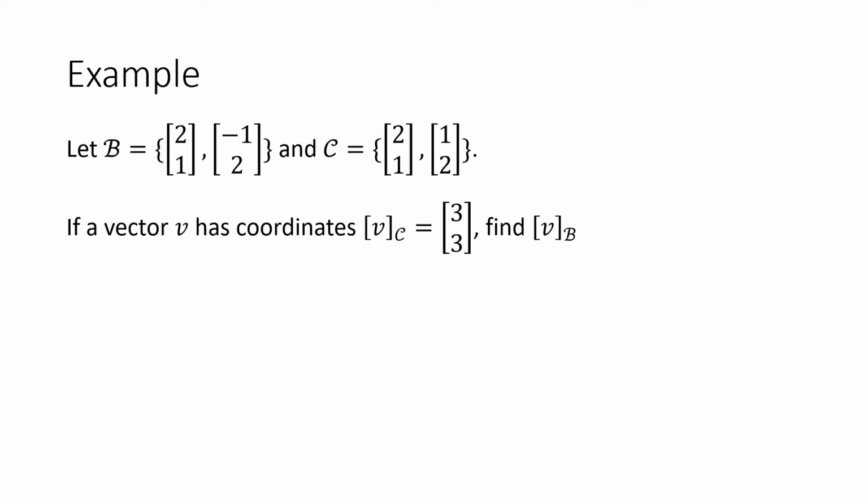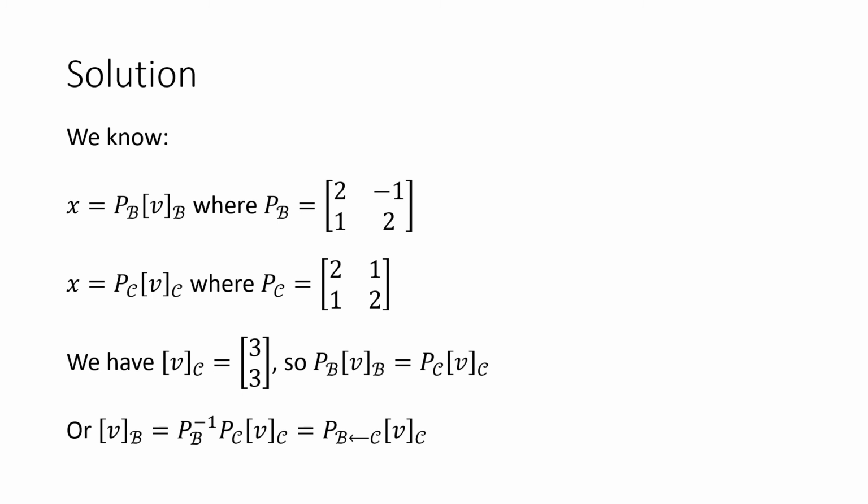So here's an example. Take R2. We have a basis B of R2 and a second basis C of R2. If we have a point where the coordinates of that vector in C are 3, 3, find the coordinates in the other basis. How do we do it? Well, what do we know?